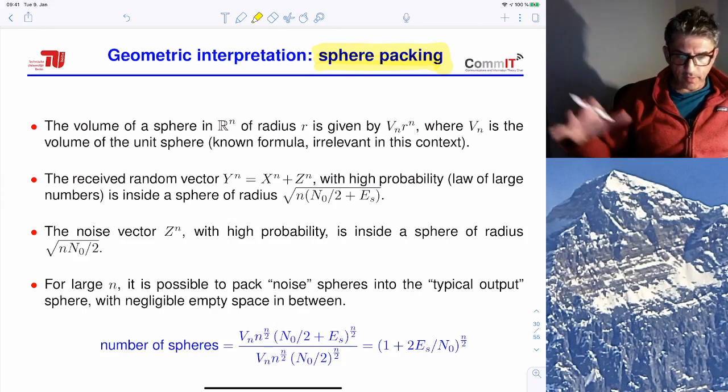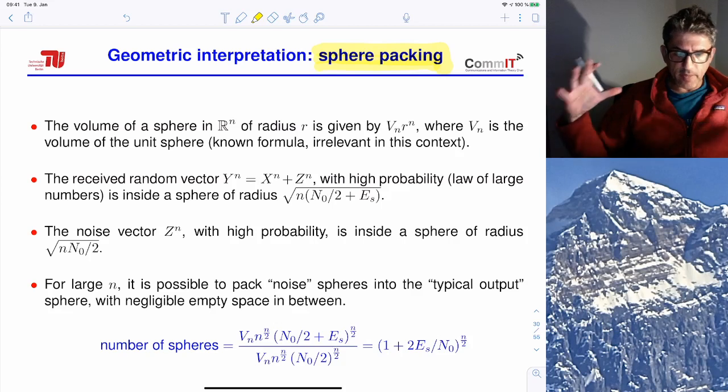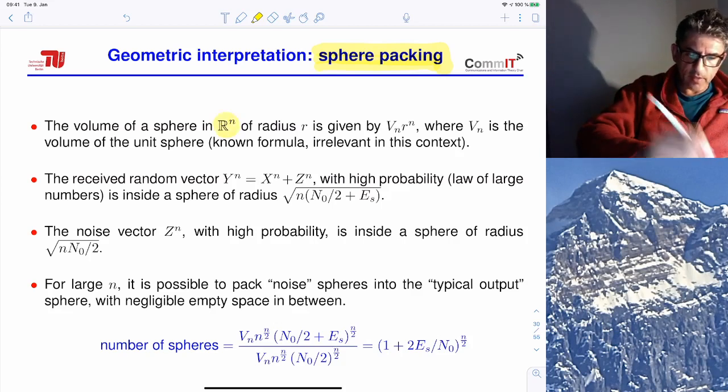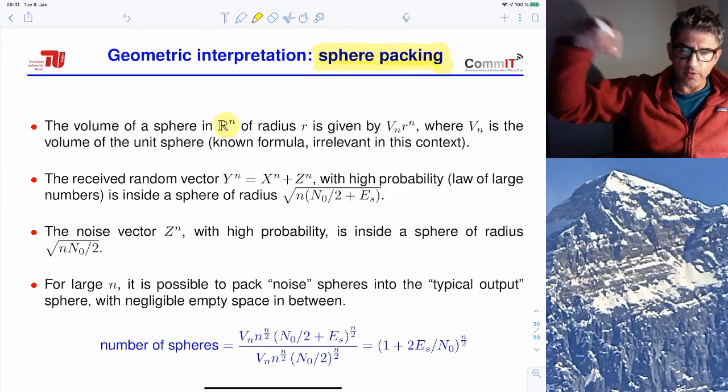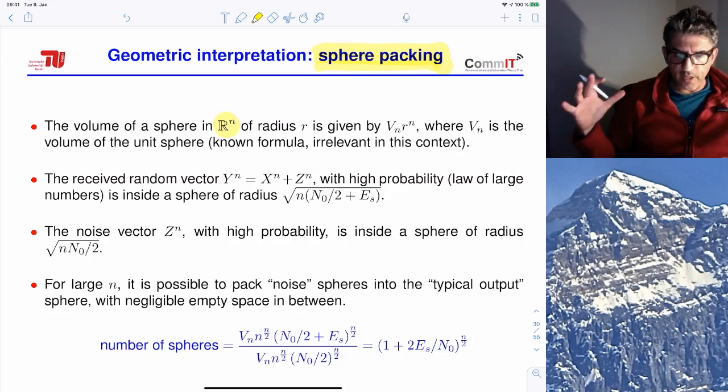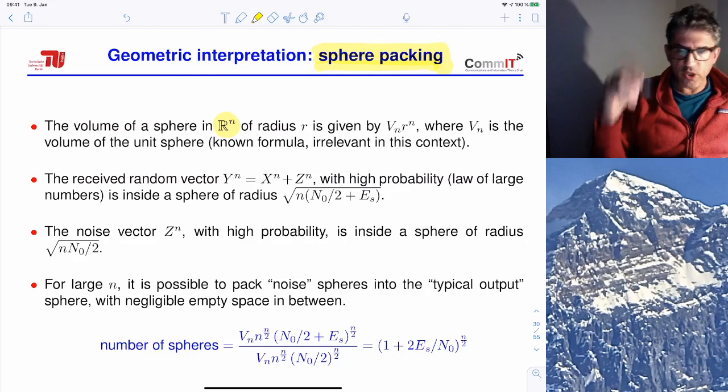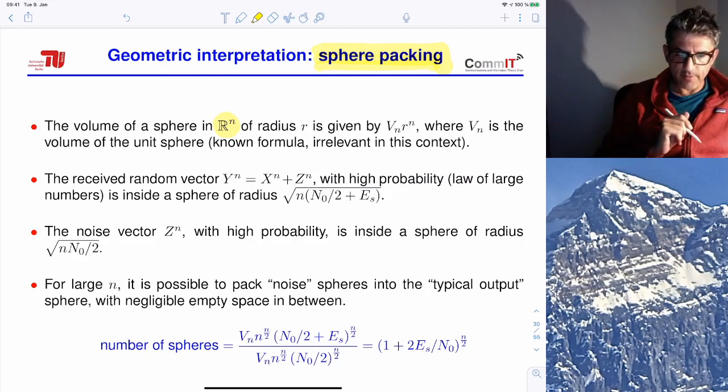we are considering geometrically the n-dimensional real space. Code words are points inside a sphere of radius square root of n times ES.